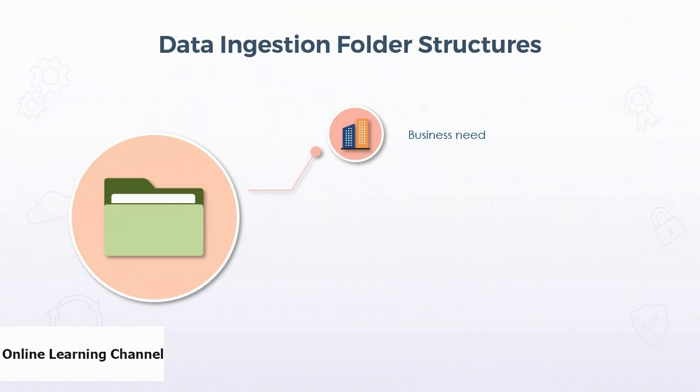You need to consider business needs. The data needs to be accessible to those who need it. You don't want to end up with data that's not being used in what's commonly referred to as a data swamp. There are security needs that need to be considered. In a data lake, access is typically granted granularly at the folder and document levels, and permissions are typically inherited by subfolders and documents.